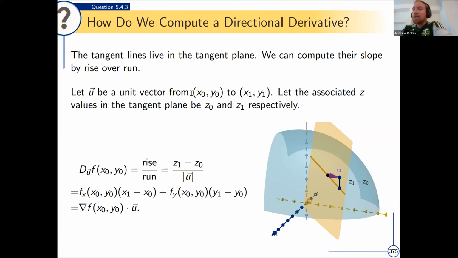If we have a unit vector starting at our point x naught comma y naught and stretching one unit away to some other point x1 comma y1, and we let the corresponding heights of these points in the tangent plane be z naught and z1 respectively, then the directional derivative, which is the rate of change of the function in the direction u, which is the displacement from one point to another, can be given as rise over run, or the change in z divided by the change along that vector, which is also known as the length of the vector. Since the vector is a unit vector, the length of the vector is equal to 1.